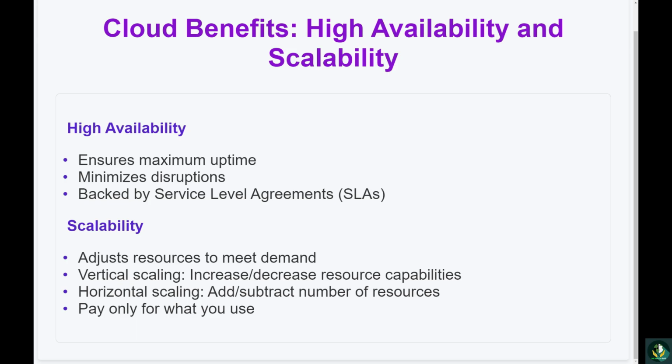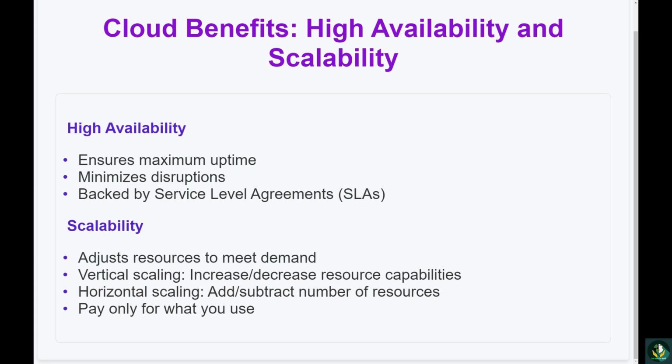Scalability. Scalability in cloud computing refers to the ability to increase or decrease IT resources as needed to meet changing demand. This flexibility is one of the most powerful features of cloud computing, allowing businesses to adapt quickly to changing requirements without significant upfront investment.